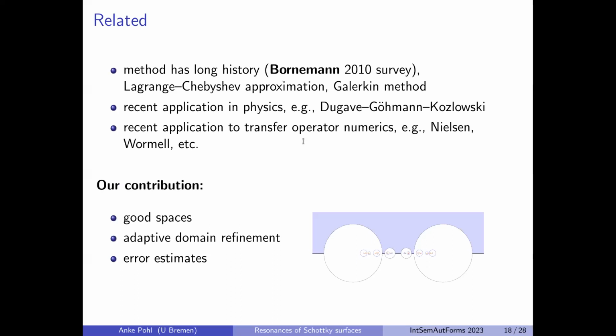What we contributed to this method for making it possible for the Schottky surfaces is, one thing, a choice of good spaces on which we can work. So these operators LS need to be defined on good spaces, otherwise the whole thing does not work.